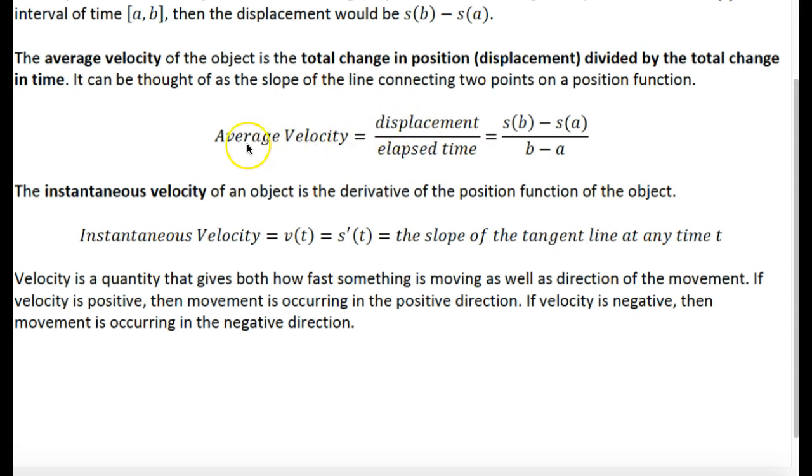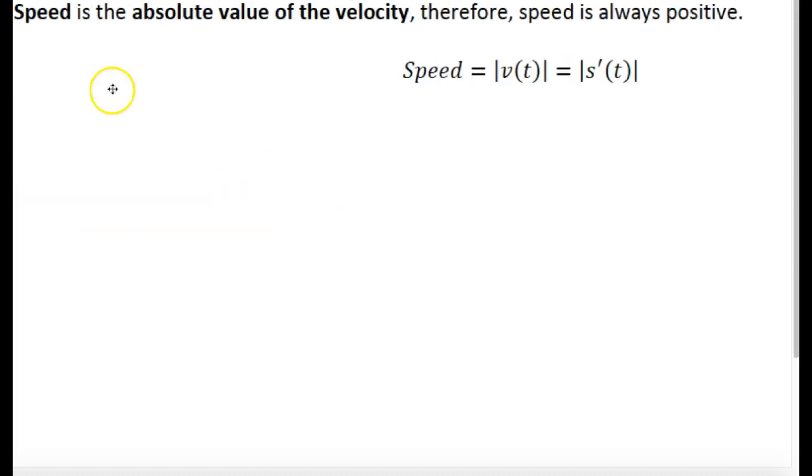So if we see average velocity or average rate of change, all we want to do is take the slope between the 2 points in question. Similarly, well, first, just a reminder, we'll look at this a little more today. Speed is the absolute value of velocity.